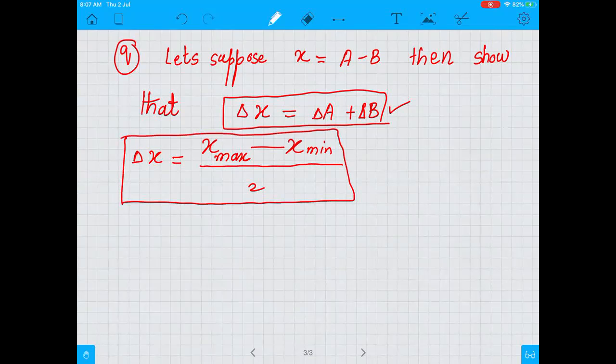So uncertainty in x is equal to the maximum value of x minus the minimum value of x, whole over 2. And what would be the maximum value of x?